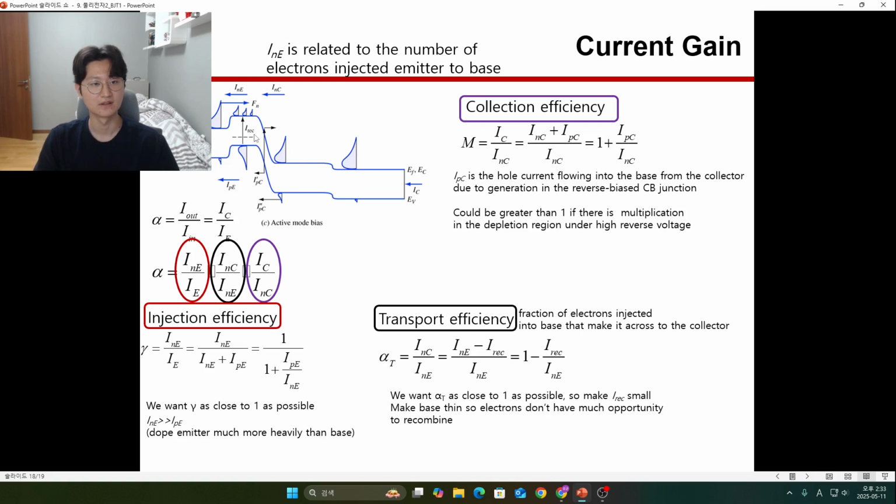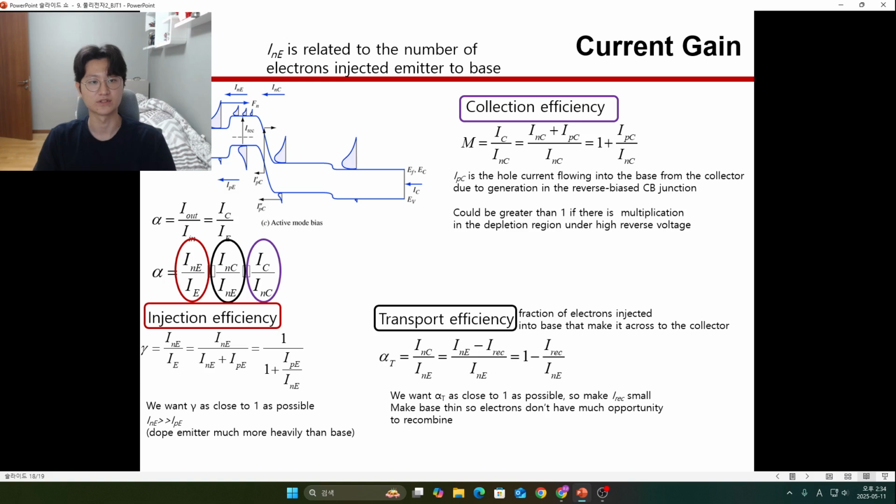In this part at the base, some electrons and holes recombine and reduce the diffusion current, so we define the transport efficiency as 1 minus I recombination over I E. So we want alpha T higher, so we have to reduce this recombination current.